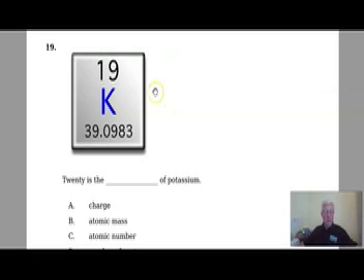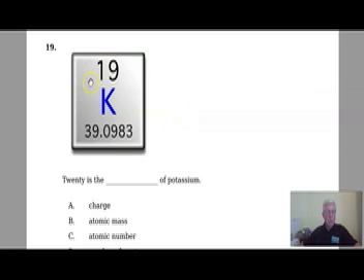Fact you learned here in science class. It has an atomic number of 19. That means that it has 19 protons. It has 19 electrons. And it's got an atomic mass of 39.0983, which is much closer to 39 than it is to 40. So we're going to say that it has an atomic mass number of 39.